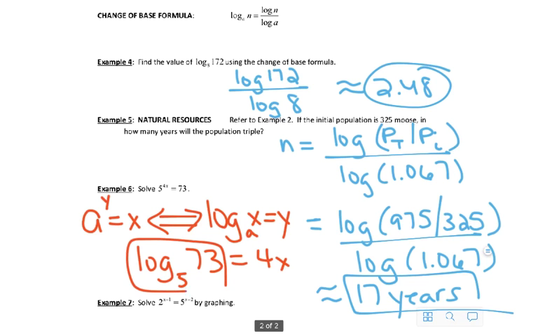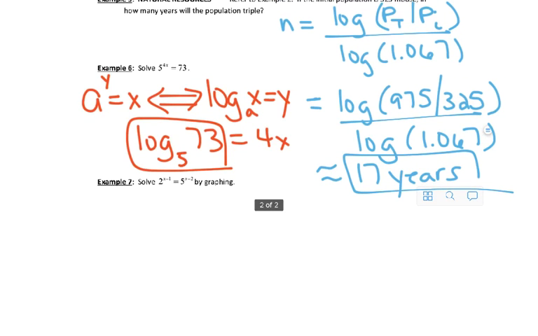Well, now I can do this in my calculator, either using log base or using the base change formula. Either way, I'm going to find out that the answer is approximately 2.67. So 2.67 is equal to 4x. Divide by 4, and I'm going to get about 0.67.